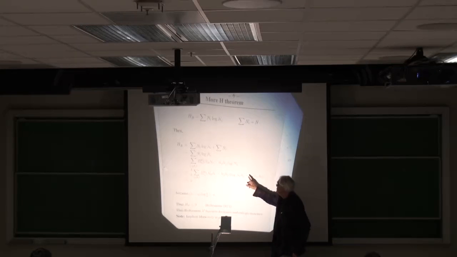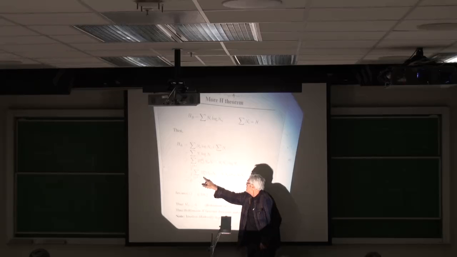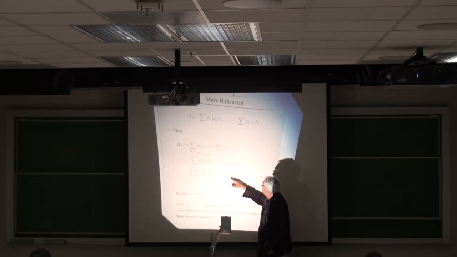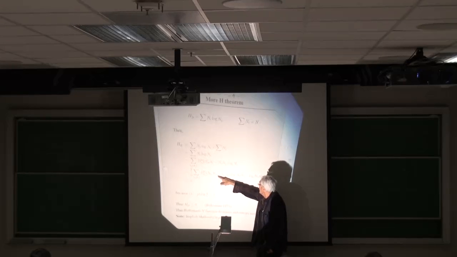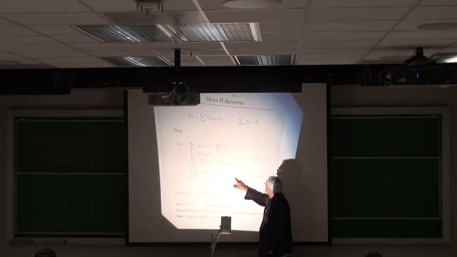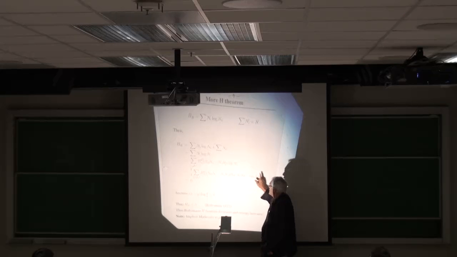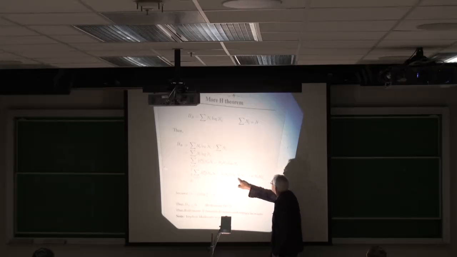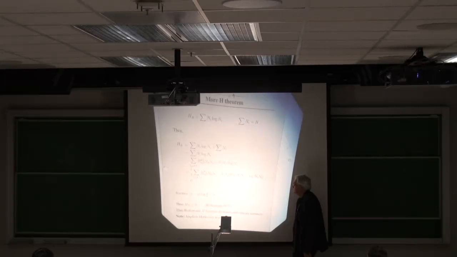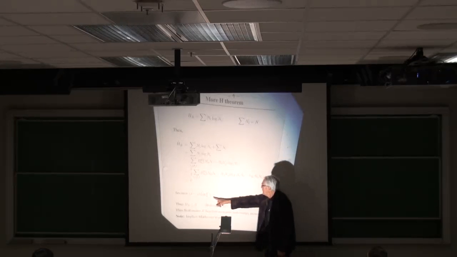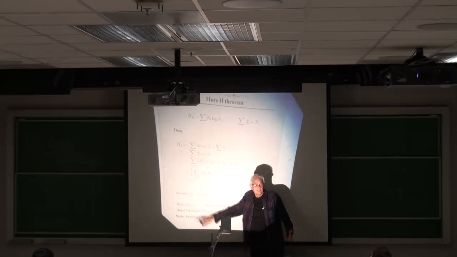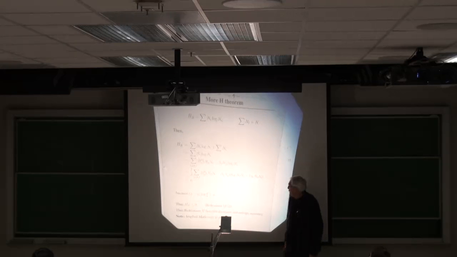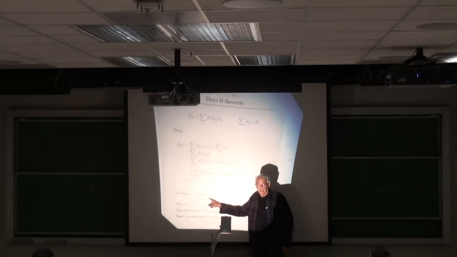And now you have the summation of this times x minus y, log y minus log x, or log y minus log x. But this, by elementary calculus, is always negative.